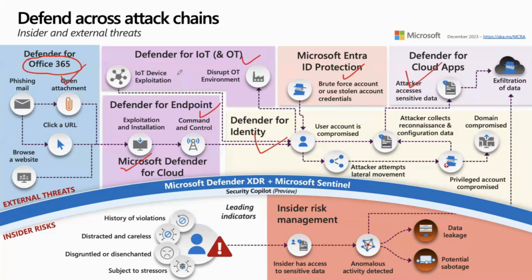Now, who are insiders? Us too. Correct, your own employees. And for them, there is Insider Risk Management, which is going to make sure that your employees are accessing the data the way you want. If there is any risk, any sensitivity, immediately it is going to trigger an alert.